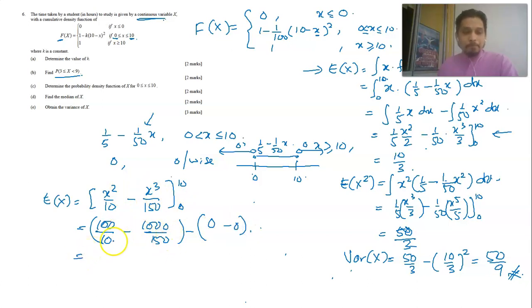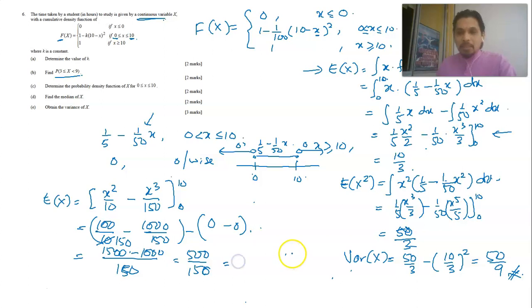So then, equalize the denominator. 10 times 15 equals 150, so 150 here. So 100 times 15 is 1,500, minus 1000, equals 500 divided by 150. Then you should get 50 divided by 3. You get it? Okay, you try yourself on this part now.